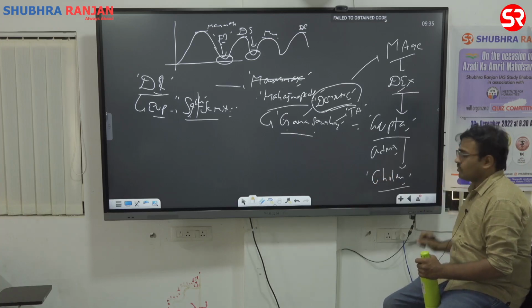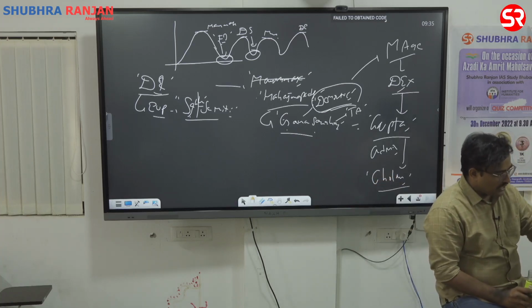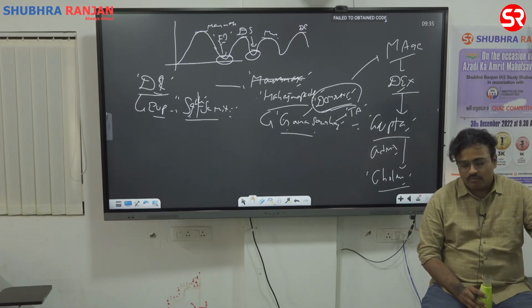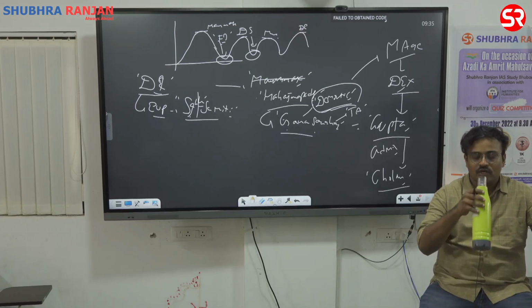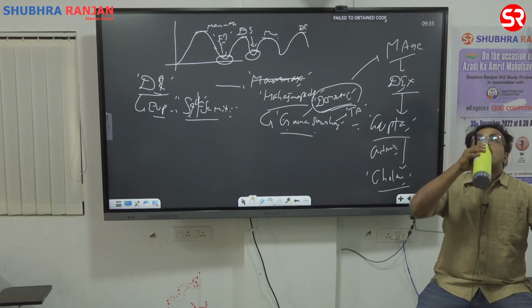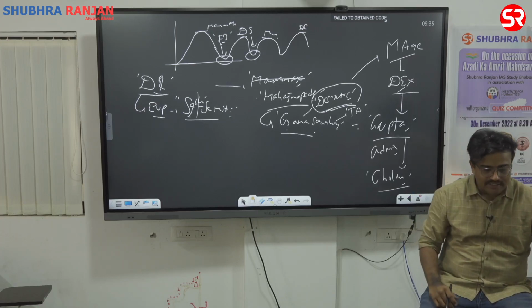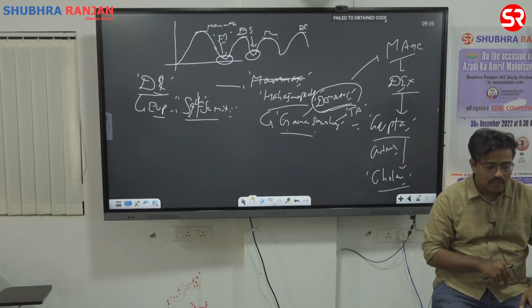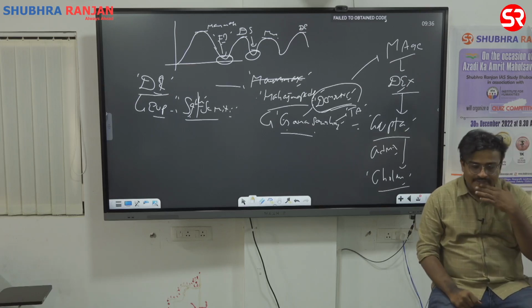The Cholan age is the next age where democracy can be clearly seen, because of the village assemblies. Write it down. Cholan age: village assemblies are organized in democratic format.